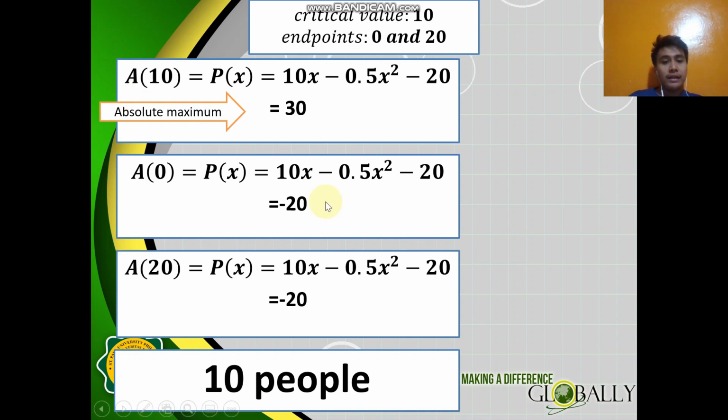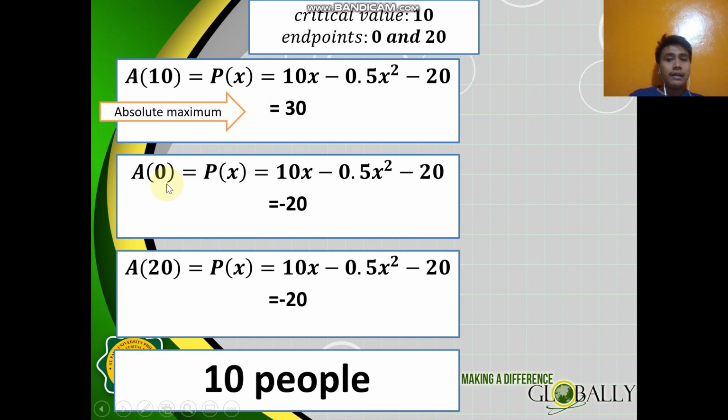With 20 people, he will not get a profit. He'll just spend 20 US dollars because of the repairs. It might be overloaded.